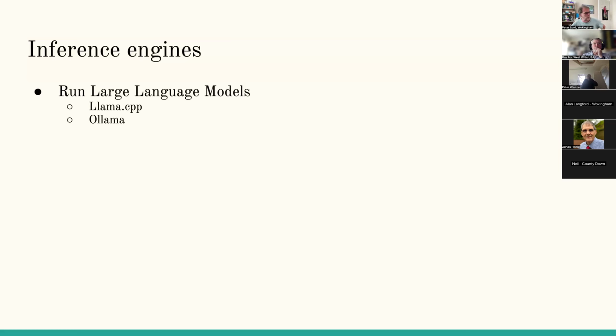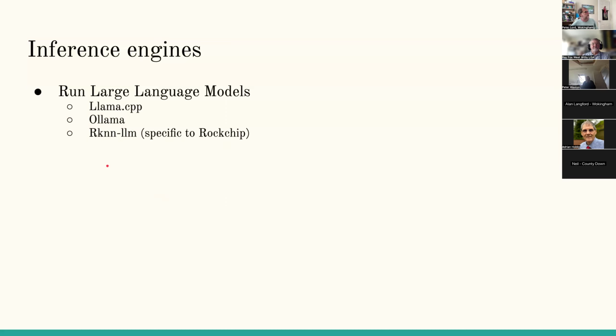Another very common way to run large language models is Ollama. It's a little bit newer than llama.cpp, and to be honest, it's taken a lot of ideas from llama.cpp. And that's my favorite, to be honest. This one seemed to work better. It's got more user-friendly features, if you like.